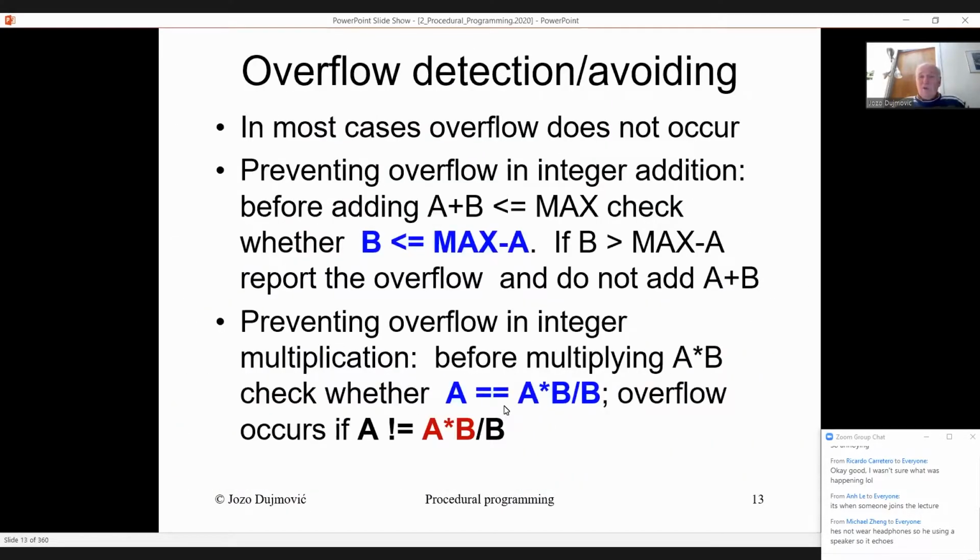However, if you as a programmer want to put this test inside, then overflow can never occur. But this, first of all, makes your program longer, makes your program slower, and there is no need for that if the problem is of such a type that this is not going to happen.